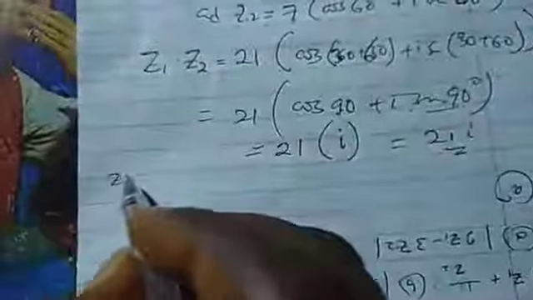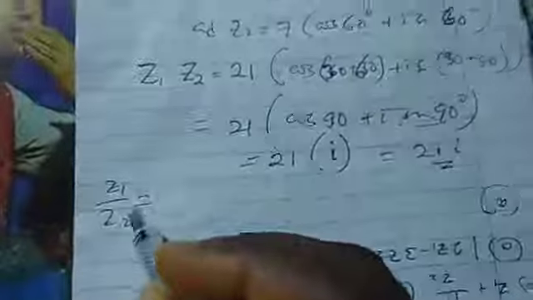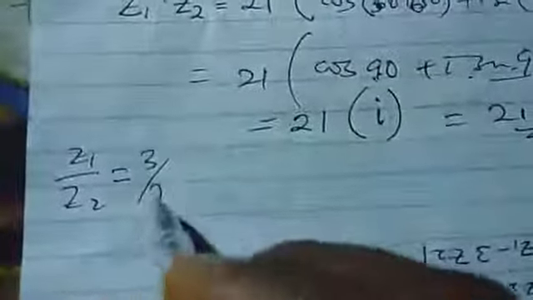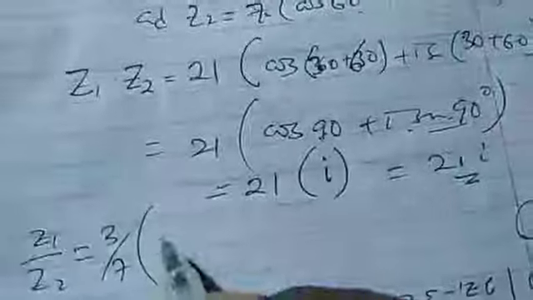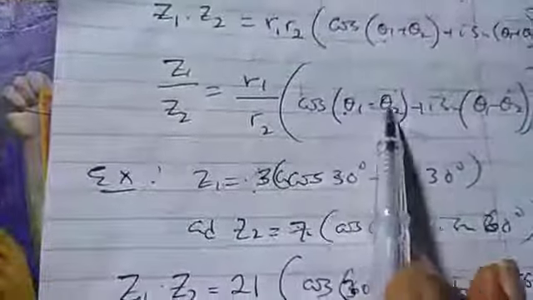Let's assume that we want to find Z1 over Z2. It is just this over this, 3 over 7 into cos of theta 1 minus theta 2. If it is division, we subtract their angles.